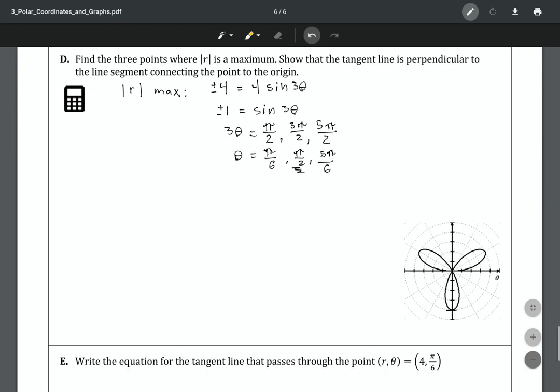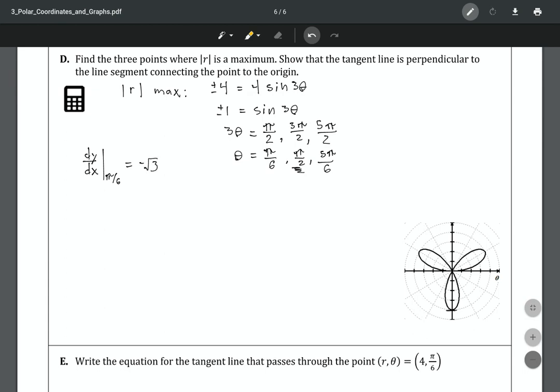But same idea, right? It would give you the same thing, do not worry. So I'm going to figure out, it says show that the tangent line is perpendicular to the line segment to the point. For this one right here, I'm going to figure out the derivative at pi over 6, which was the square root of negative 3.